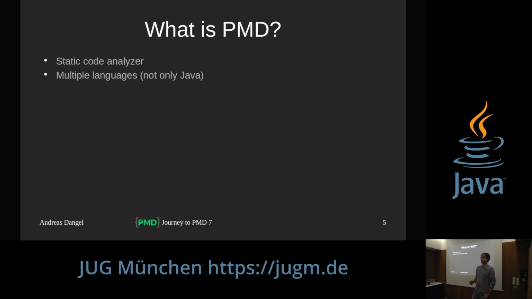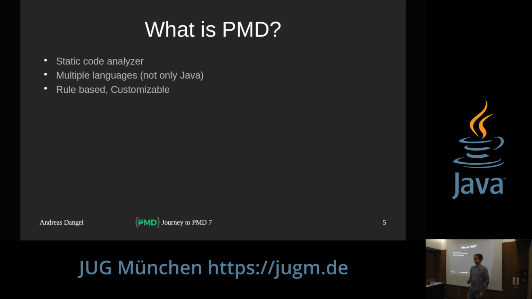It is rule-based, so every problem that PMD can detect is based on a rule, and you can write your own rules. So that's one good thing. You can customize it. There are two ways to customize it: to write your own rules in Java, so PMD itself is written in Java.